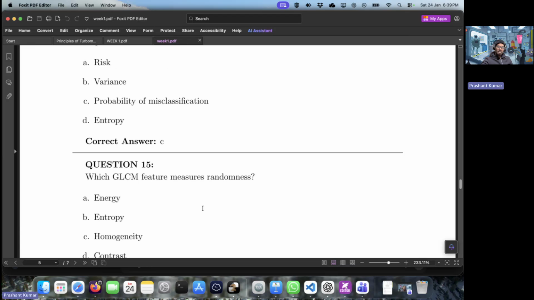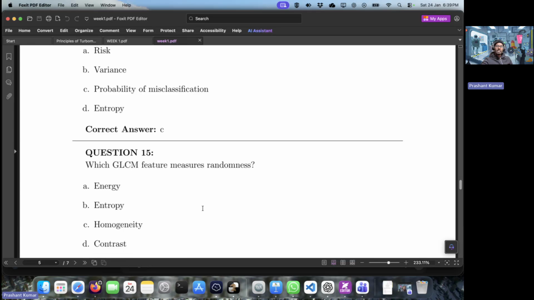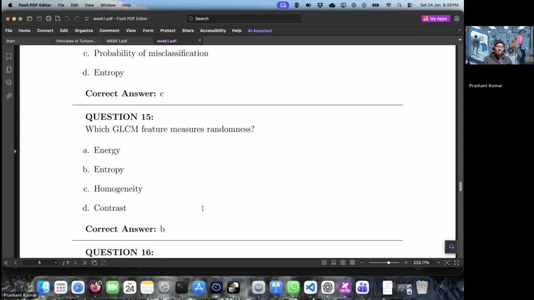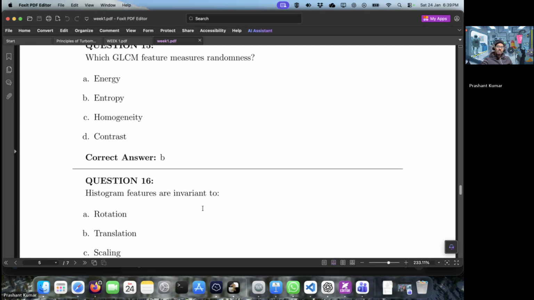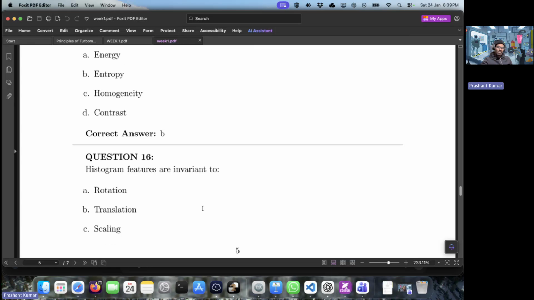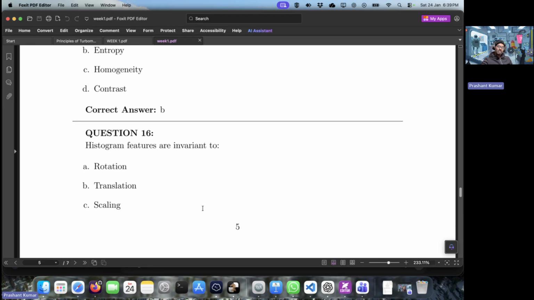Which GLCM feature measures the randomness? Entropy always measures the randomness. There is no doubt. Histogram features are invariant to rotation, obviously. Translation, that is also right. Histogram features are invariant to scaling. If you change the scaling, it might change a little bit.